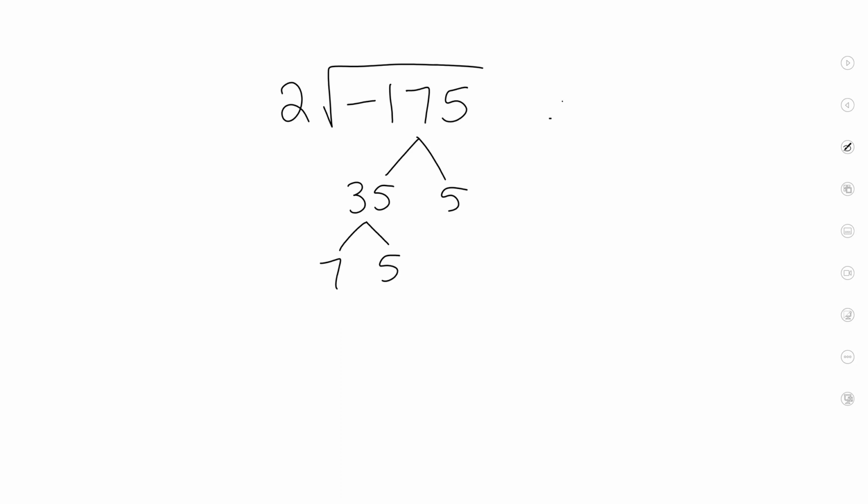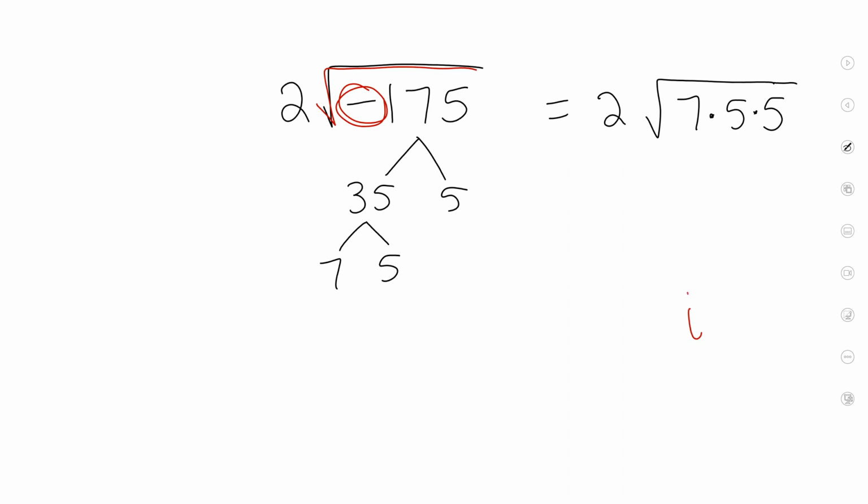So I will have 2 square root of 7 times 5 times 5. Now, guys, remember, I have a negative under the radical symbol, so I'm going to have i in my answer, okay? Here's a pair. Cross it out. One of them will go outside. So on the inside, I'm left with a 7. On the outside, I have 2 times 5, which is 10. So this is your final answer.